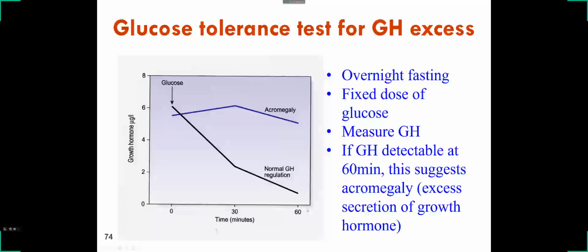So this is normal GH regulation after you give a little bit of glucose. But if it stays elevated, the patient may suffer from acromegaly, okay? So this is just an example of intervention and the type of testing that we can do.